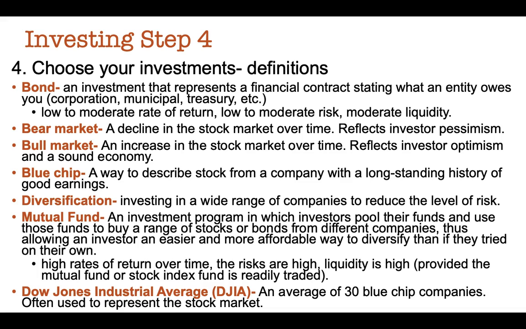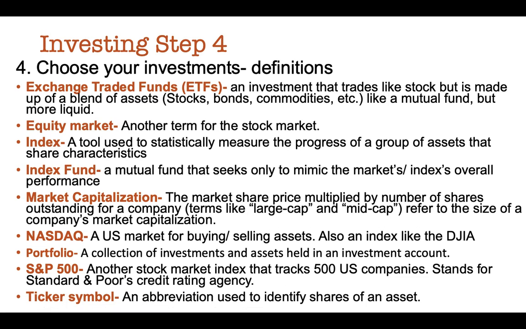It's often used to reflect the health of the entire stock market, when in reality it just measures 30 companies, and there are thousands of companies that trade in the US stock market. So that's just one measure of the health of our investment market.